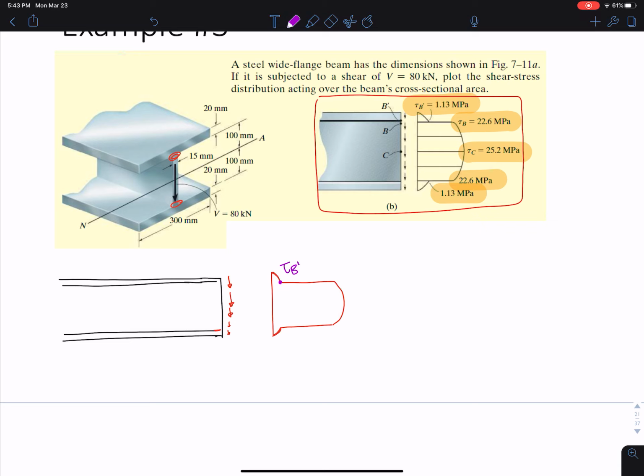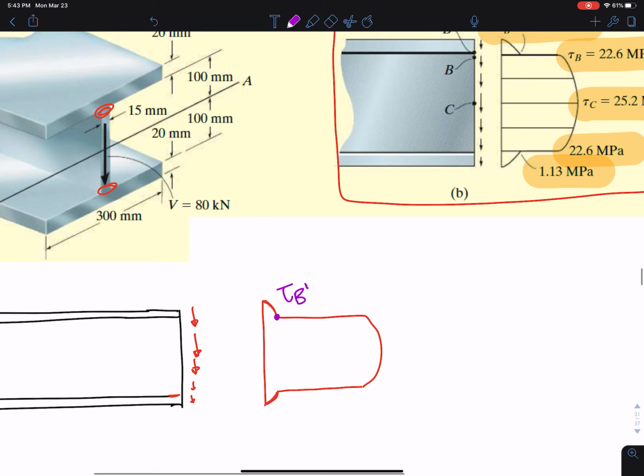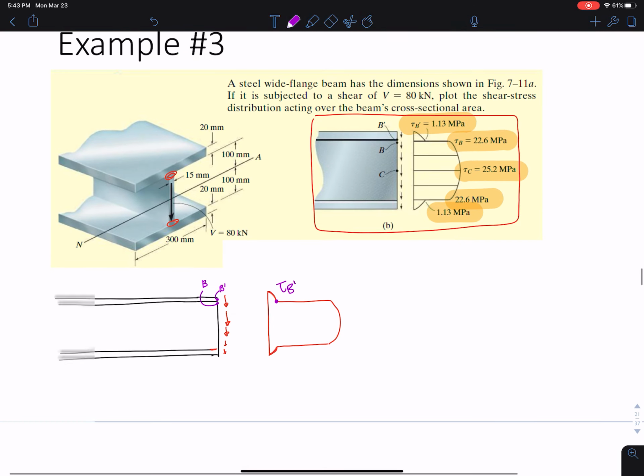Let me actually draw this a little bit better. We're saying that this point right here, right before, is B prime, and right after this is point B. And then this maximum point in the middle, we know shear is max in the middle, this is point C here.